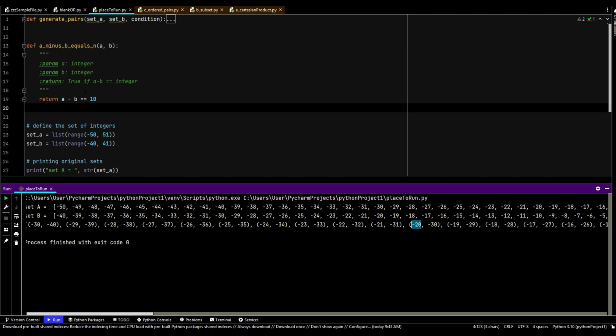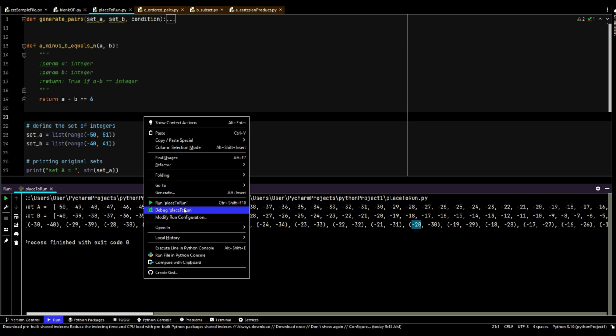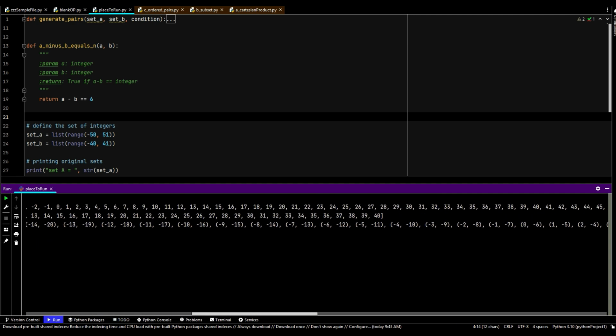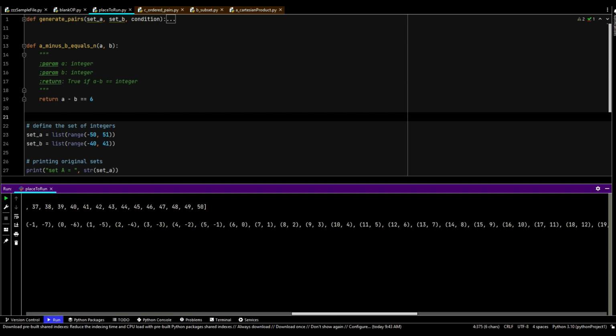Now I need not stick to 10. I can stick to 5 also, or 6 also. Let's see how many outputs there are. Here too I have so many possible outputs: -34 to -40, and we have -3 and -9. The difference between them is +6. 9 and 3, +6.